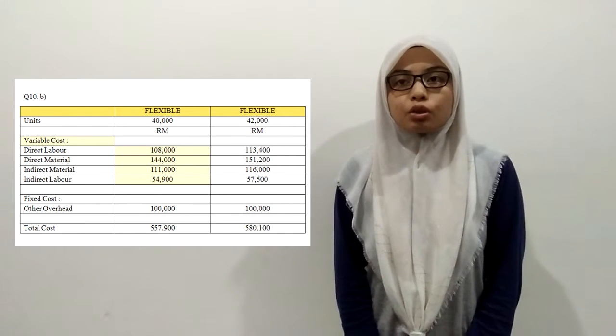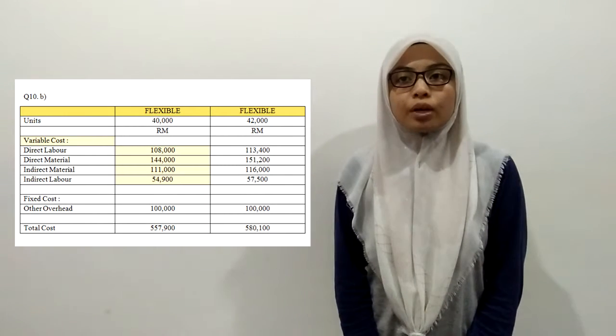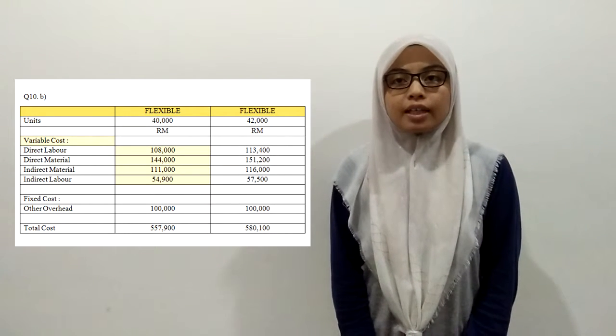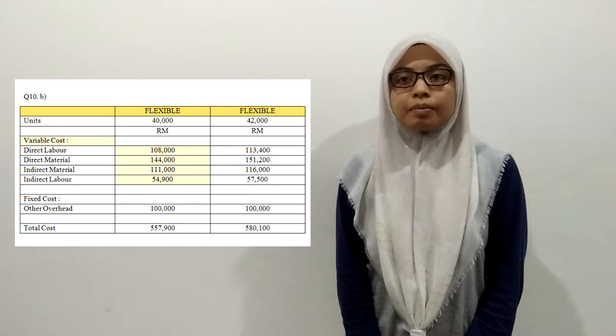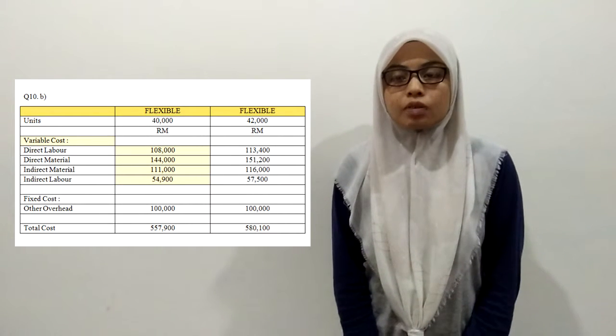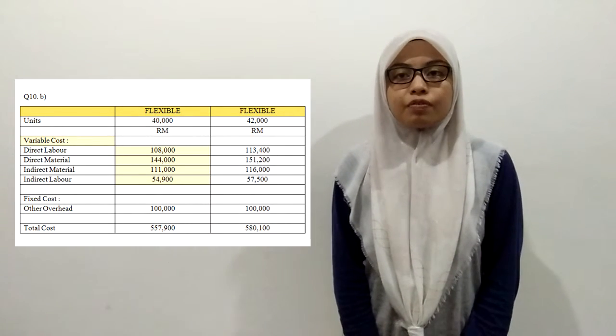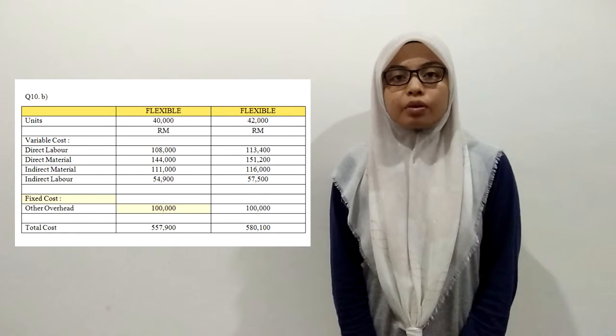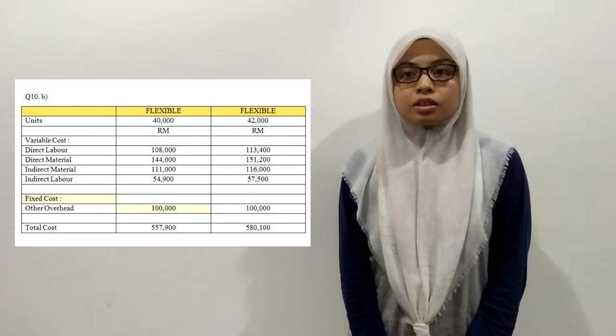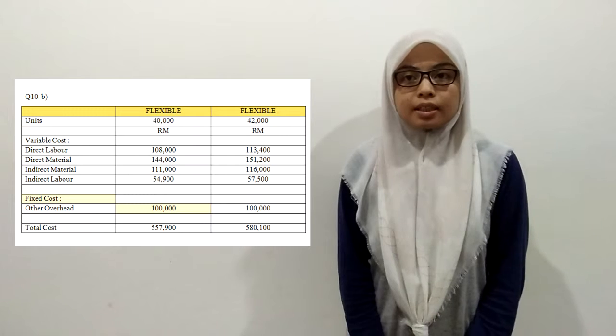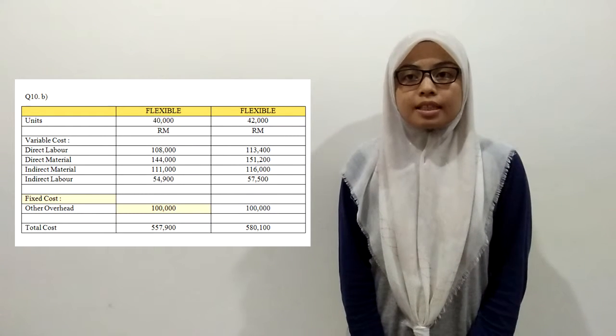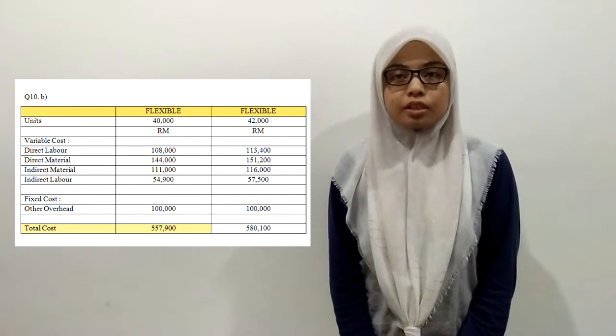Indirect material 2.5 UVC, we got 111,000. For indirect labor 1.3, we got 54,900. For fixed cost, we just take from question 10a, so we got 100,000. The total cost is 557,900.